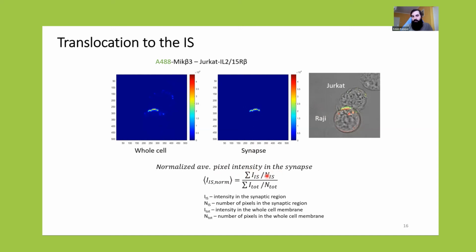Basically, we took the average intensity in this synapse and outside the synaptic area, and this ratio gives a normalized average pixel intensity in the synapse.